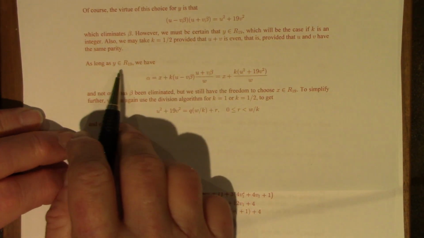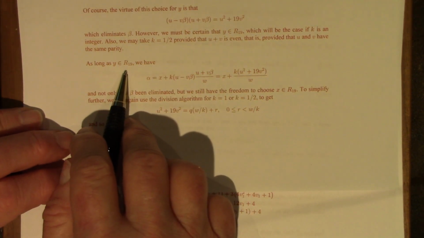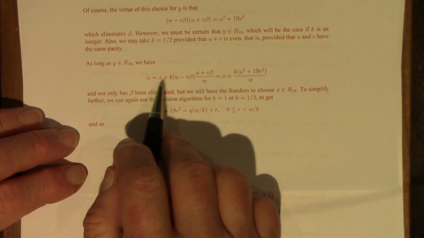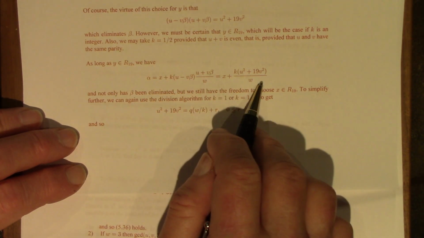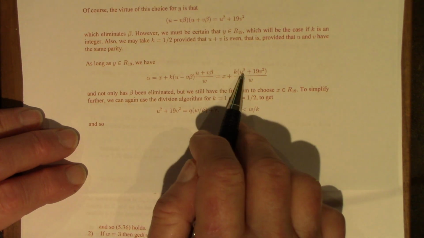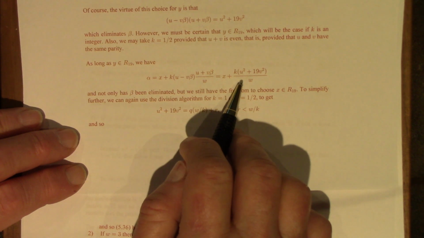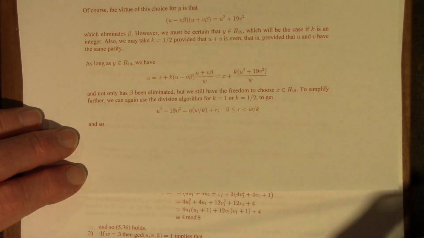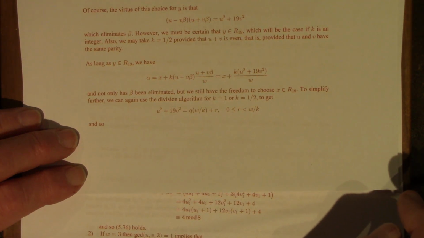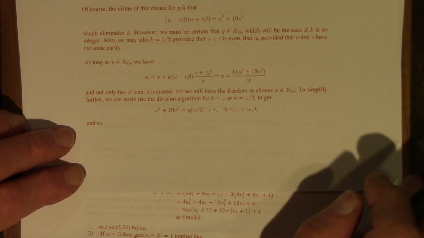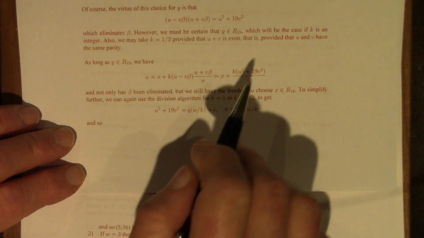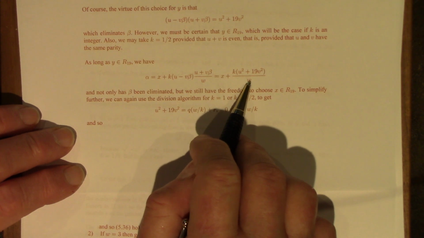So, as long as y belongs to R19, alpha now can be written this way. Here's our u squared plus 19v squared. Beta's gone, and we still have freedom to choose x. We've got the same kind of situation we had before.